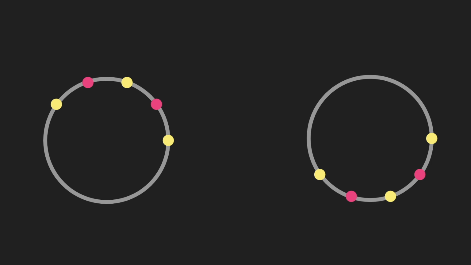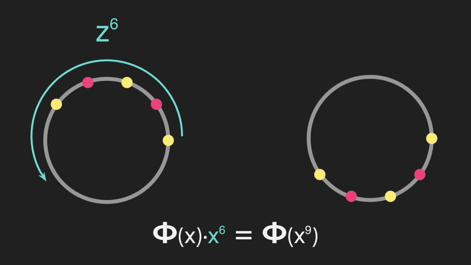I mean, let's just look at these two shapes. They look very similar. They're just rotated versions of each other. So if we take the set on the left and rotate it around, we should get the set on the right. And what's the distance? It's z to the 6. So it seems like phi of x times x to the 6 should equal phi of x to the 9.